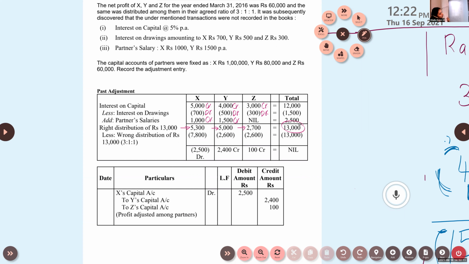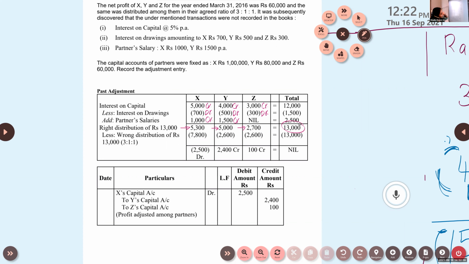Now this 13,000 is already there in the profit. So it was already received by the partners in their profit sharing ratio.